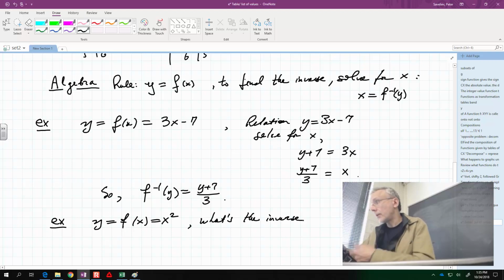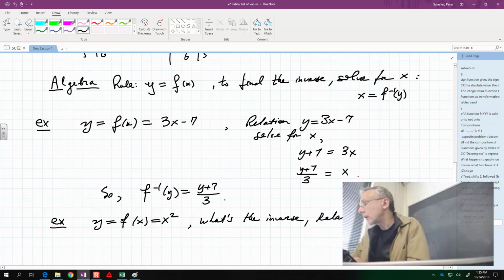And you follow the same plan. The relation is y is equal to x squared. Solve for x. What do you get? X equal to what? Square root of y. Almost.